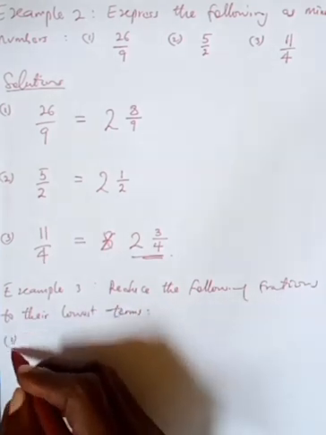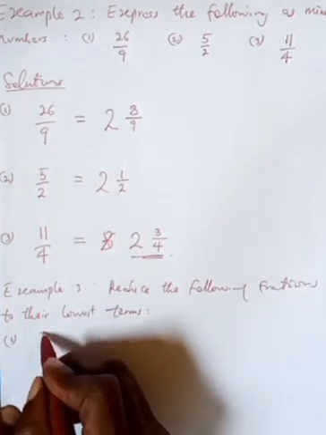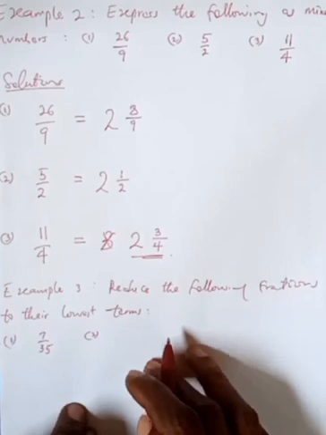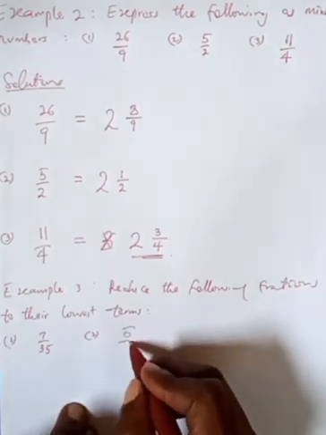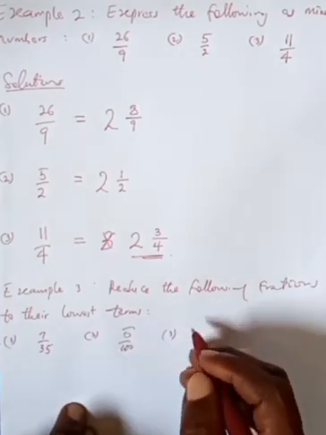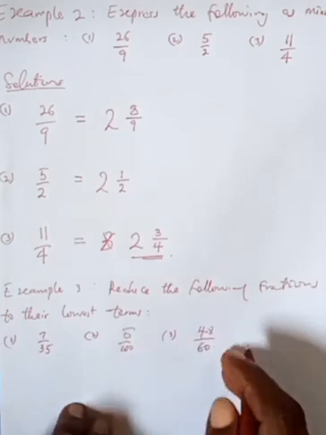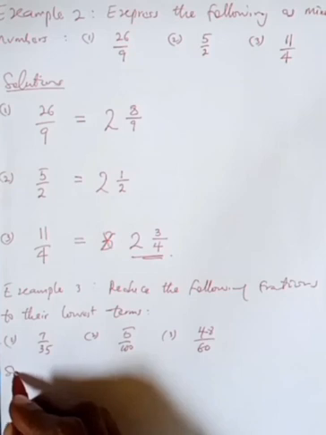So number 1, I have 7/35. In number 2, 5/100, and in number 3 is 48/60. So the solutions there.